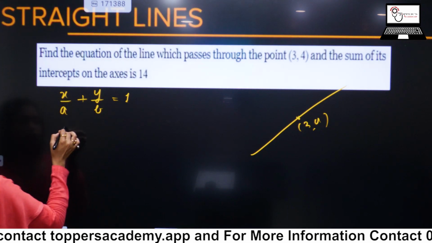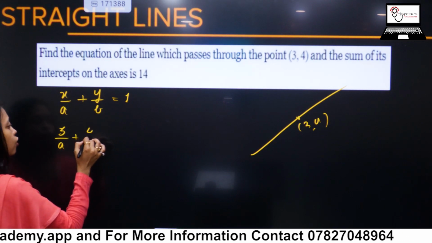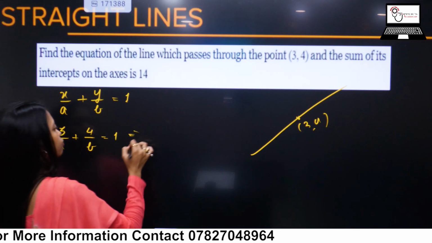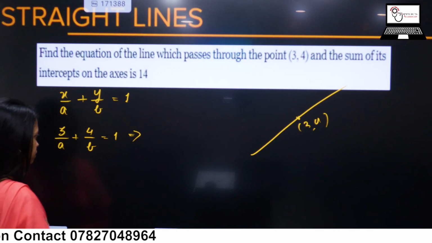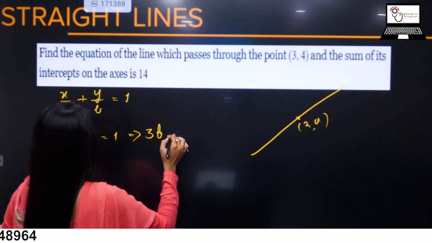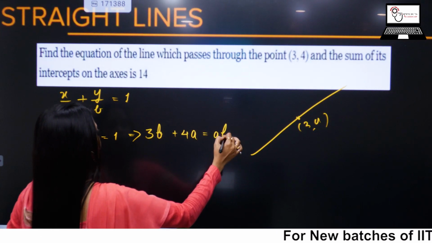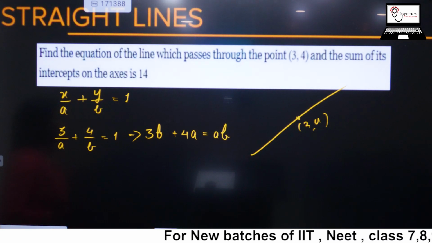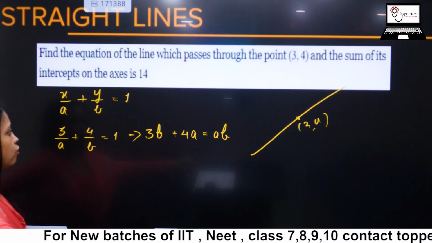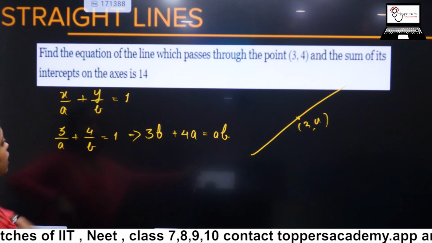That means 3 by A plus 4 by B is equal to 1, which means 3B plus 4A is equal to AB, right? Okay, now what else is given?